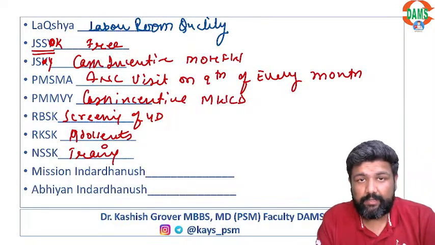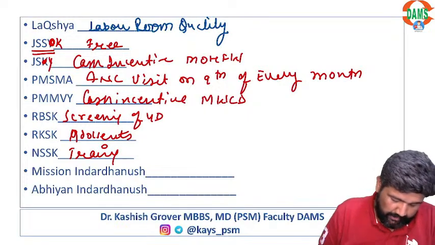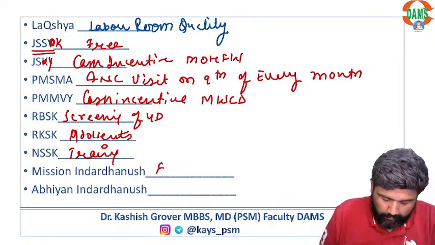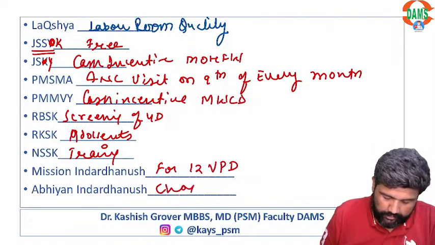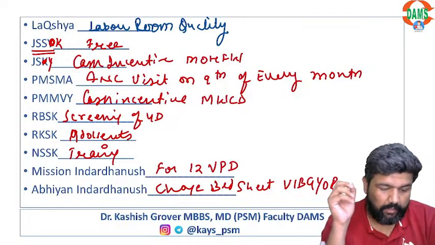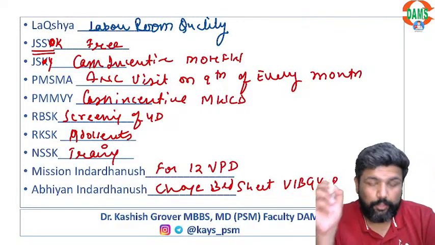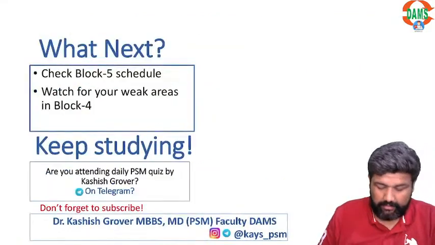In NSSK, training is given for the basic neonatal care. Mission Indradhanush is for 12 vaccine preventable diseases. Abhiyan Indradhanush is for change of bedsheet as per WIBGUR. With this, we end our discussion.